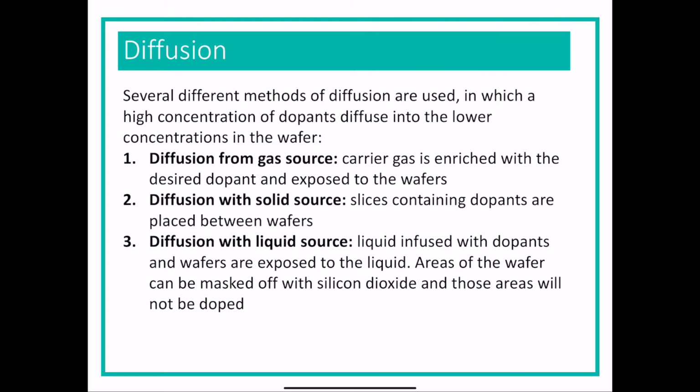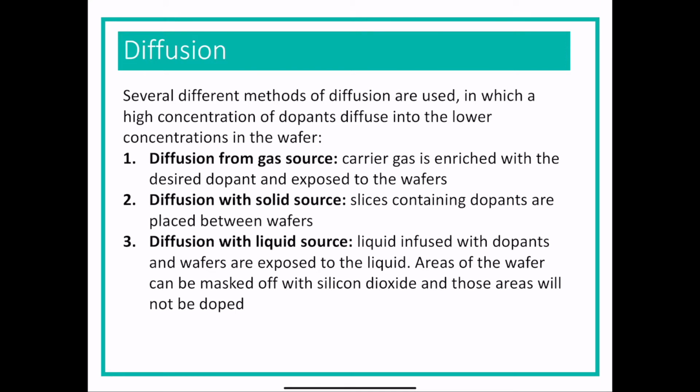The advantage of using liquids is that if you have, say, a big silicon wafer that's all intrinsic and you want some areas doped and some not, because you may want to dope some of it one way and some of it another way, if you use liquid, you can mask off part of it and not expose it to that. So that's a good way to use it. But all of those things are used depending on what one wants to do.